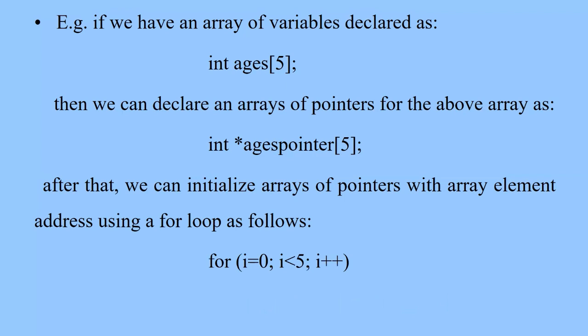Is 2 less than 5? Yes. Then pick the address of the array element whose subscript is 2 and assign it to ages_ptr[2], and that will continue until i is no longer less than 5.